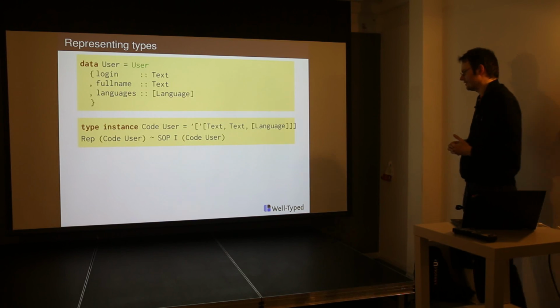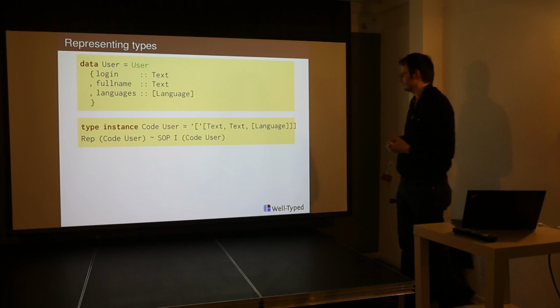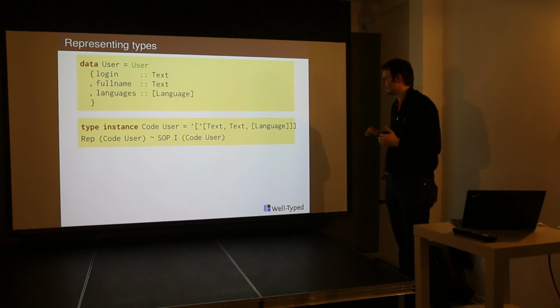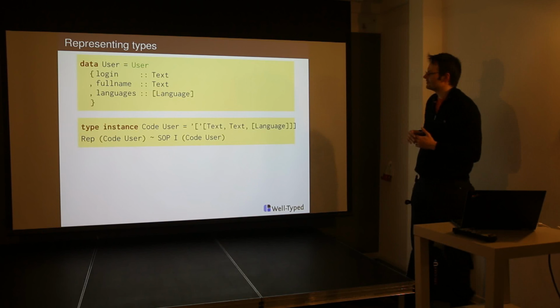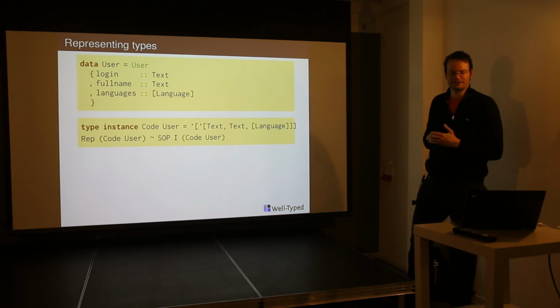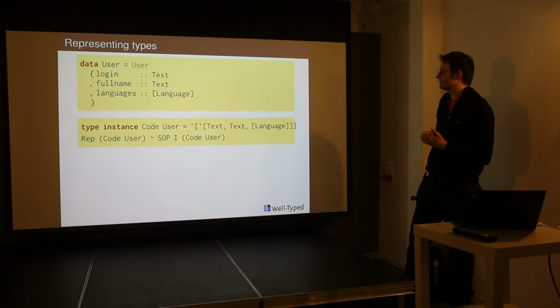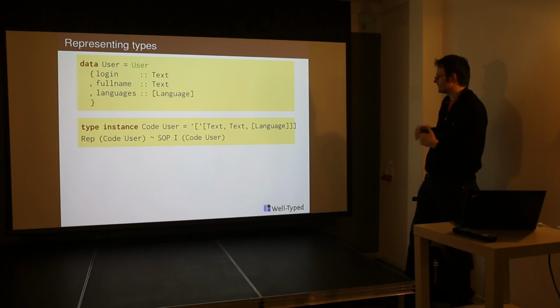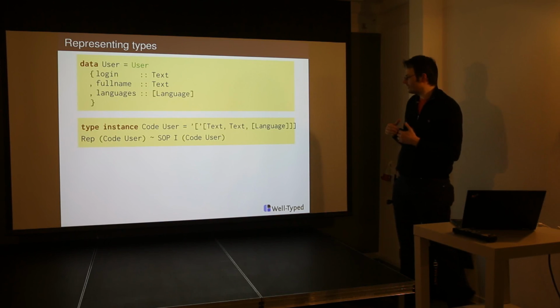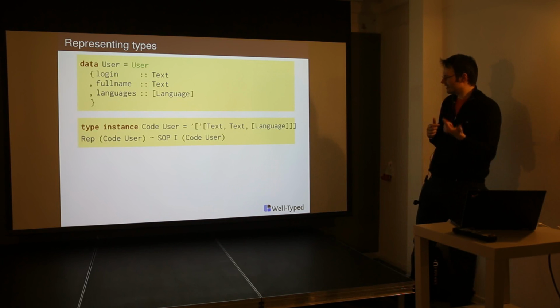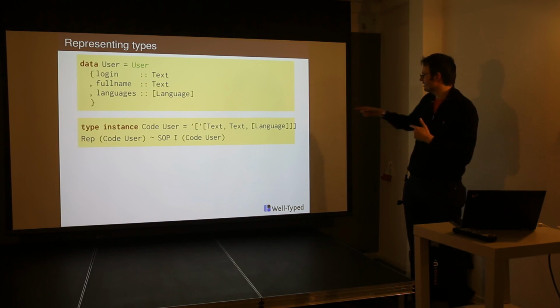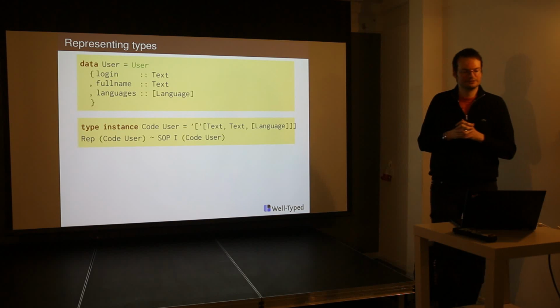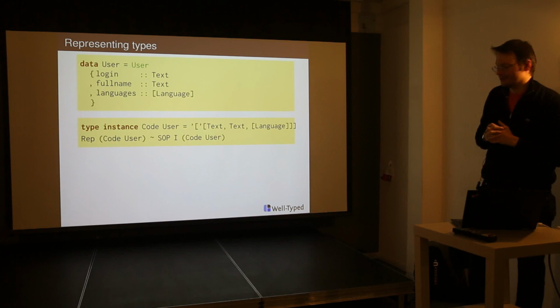So in the case of user, the outer list contains a single element because we have a record type and it just has a single constructor, which is also called user here. And the one inner list contains 3 elements: the type text, and again the type text, and the type list of language.